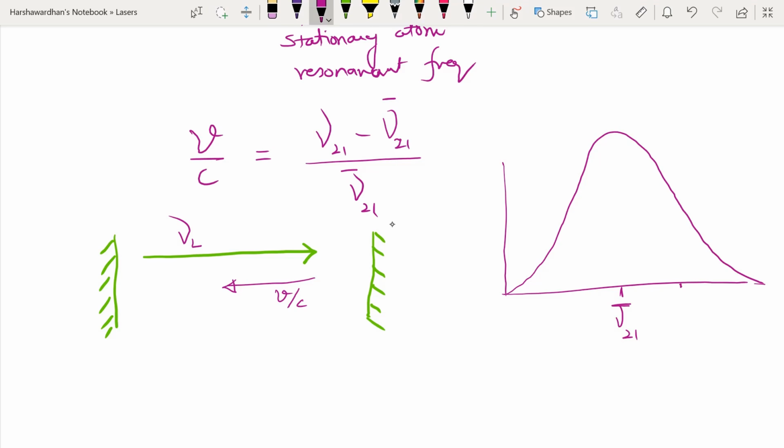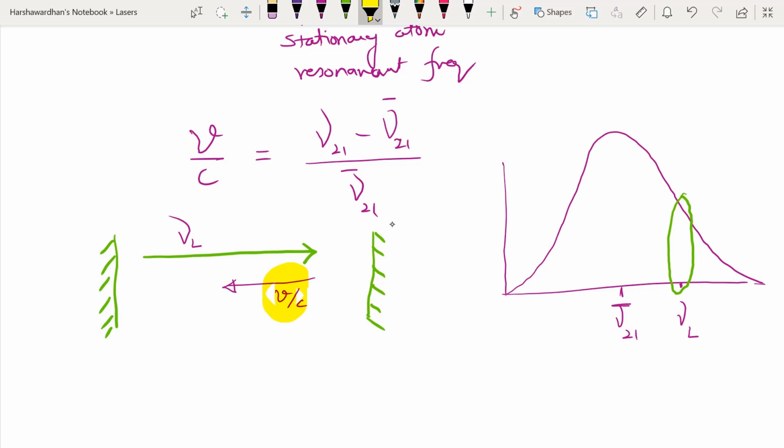But because nu L is not on resonance with nu 21 bar, it will be on resonance with a particular set of atoms within this spectral packet about nu L. This is traveling with a velocity, let's say, v by c.